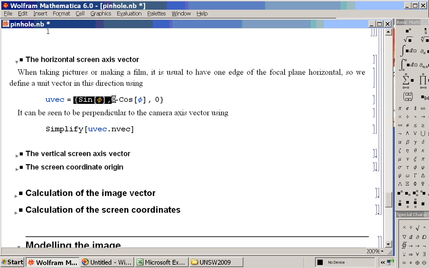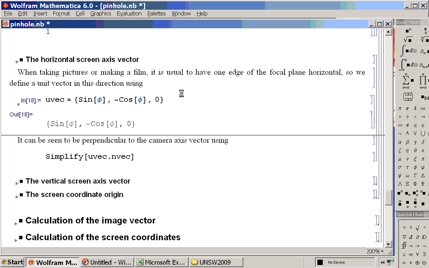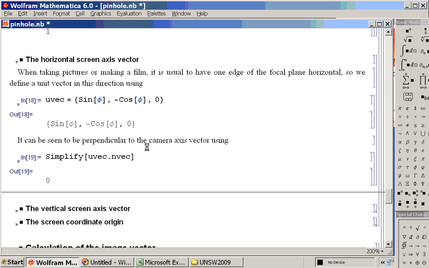In other words, defined in terms of the azimuthal angle phi, and I can check that that's actually perpendicular to the camera axis vector using that. In other words, the scalar product of that with the camera axis vector is 0.